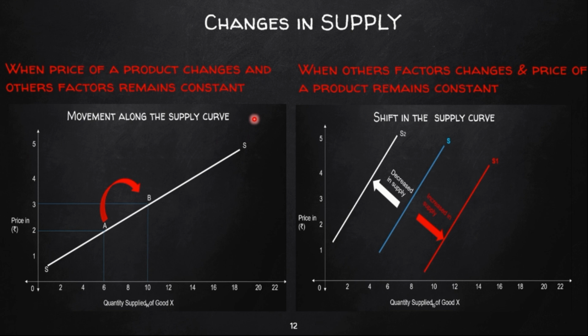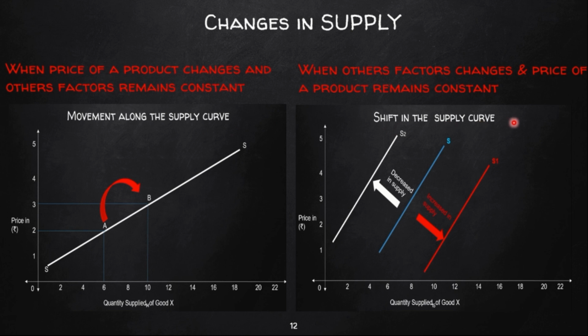Changes in supply take place when there is a change in the determinants of supply. If there is a change in the price, quantity supplied also changes. Such changes are associated with movement along the supply curve. And second, there are changes in supply due to changes in the non-price determinants. Such changes are associated with the shift in the supply curve.